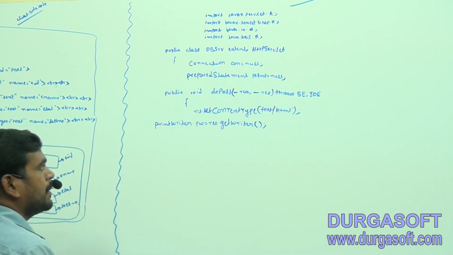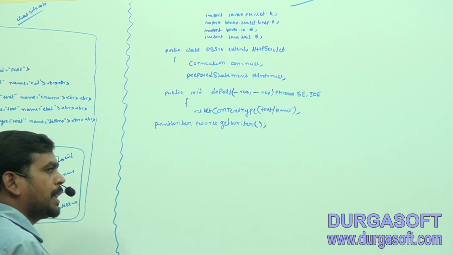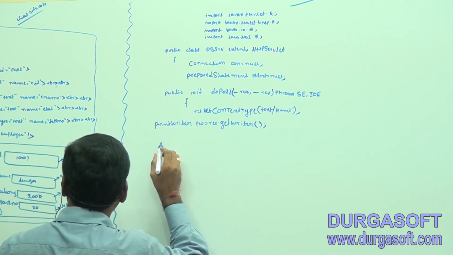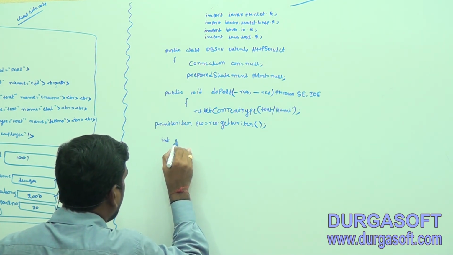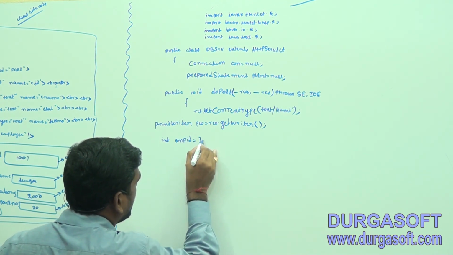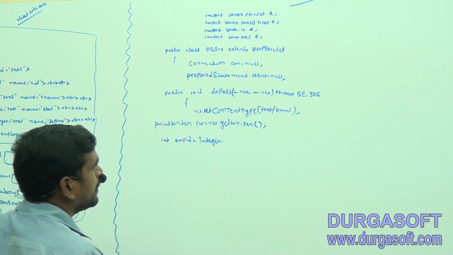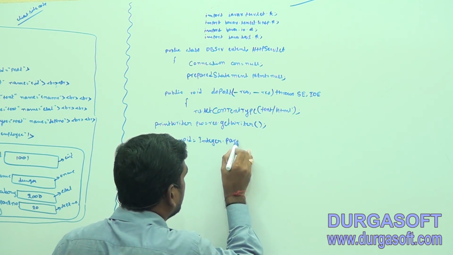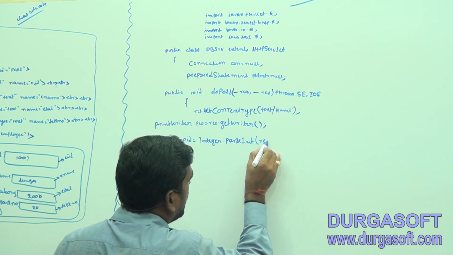Then next after that we need to get all the input values. How to get all the input values? Like this. First we need to get the id. int empid is equal to Integer.parseInt of req dot getParameter.